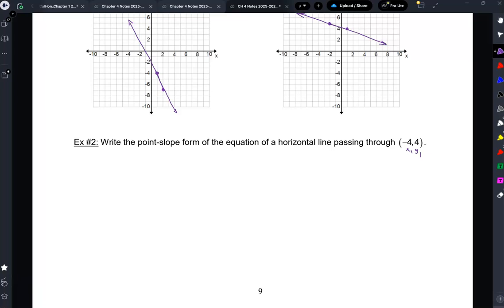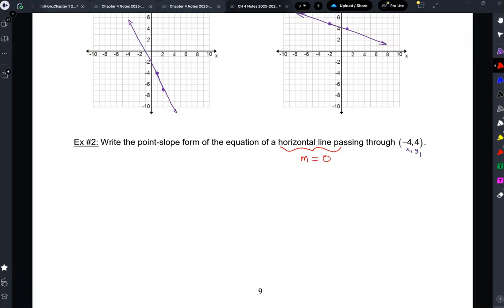But I don't see a slope. So what am I going to do? No slope. It's horizontal. I'm not given what the slope is, but I'm told it's a horizontal line. What's the slope of a horizontal line? 0 slope. So I'm going to say m equals 0.